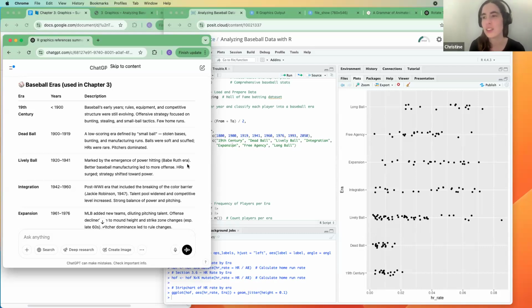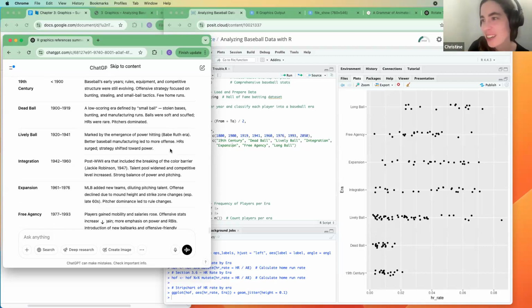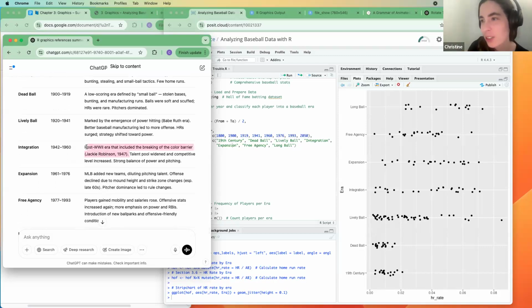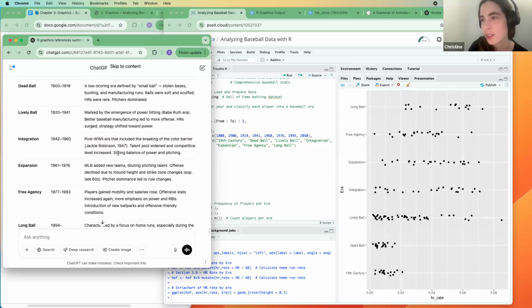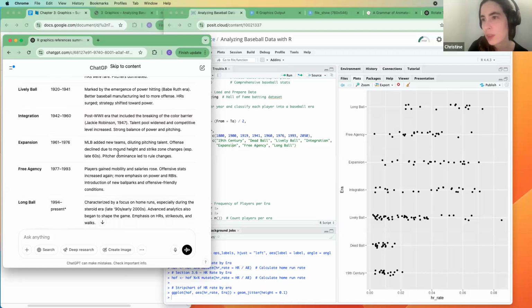It's interesting that there always seem to be two things going on, where technology gets better too. So lively ball, maybe their balls were not soft and scuffed, so they could start hitting more. And this is where we started to see the quote unquote Negro League, which apparently was just integrated into scoring. So there's that. And competitiveness started to get a little bit tougher, which is super interesting. Salaries, yeah, salaries rising.